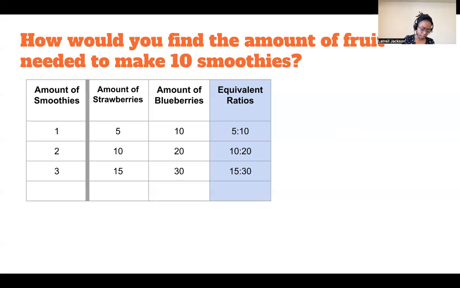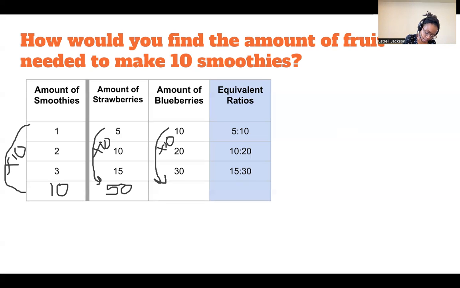So we want to have 10 smoothies right here, right? We multiply by 2, multiply by 3. How about we multiply by 10? 1 times 10 is going to give us 10 smoothies. So if we multiply 1 by 10, we have to multiply 5 by 10. 5 times 10 is 50, and then we multiply 10 times 10. 10 times 10, that's 100.